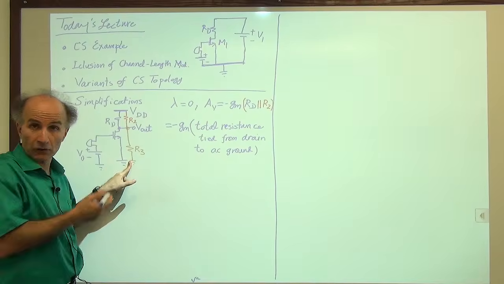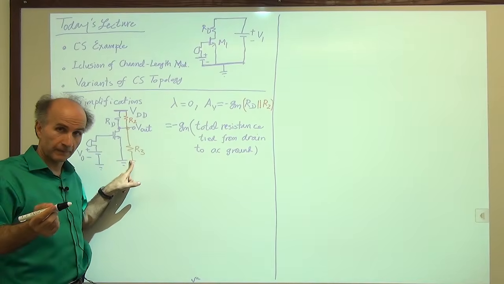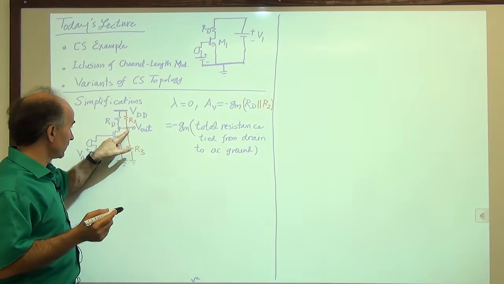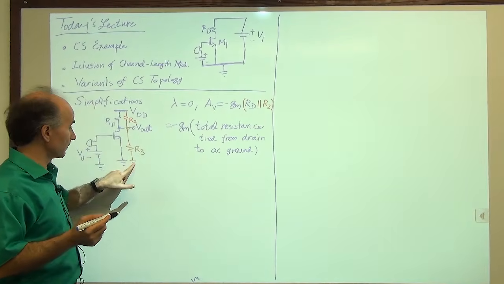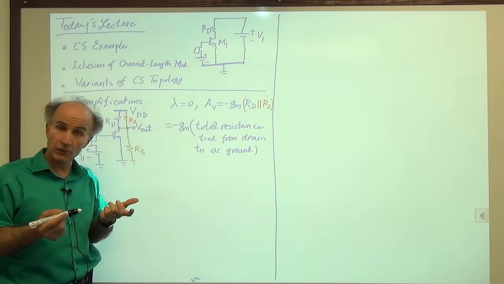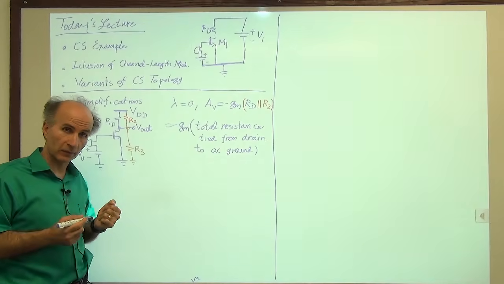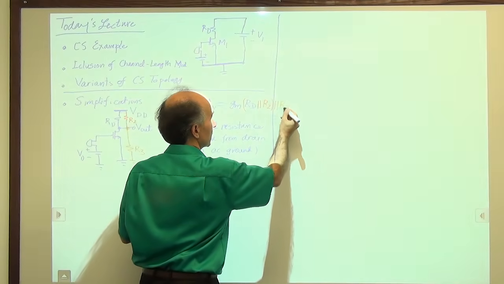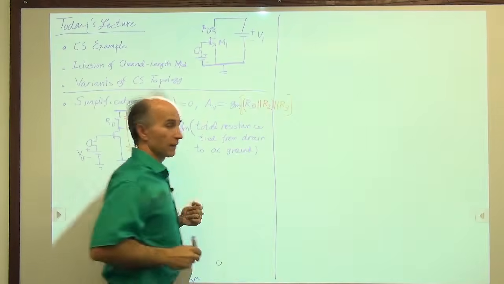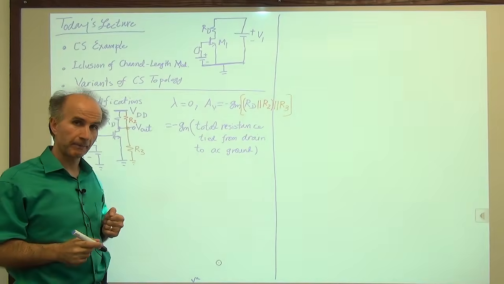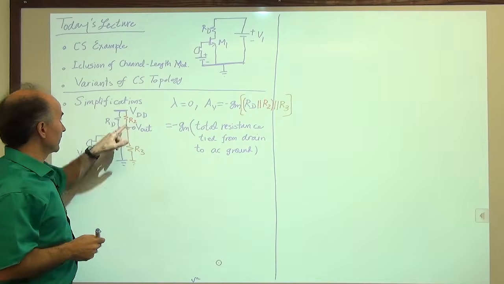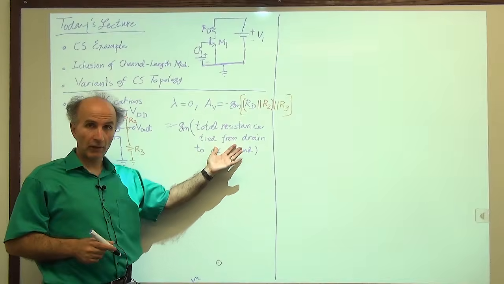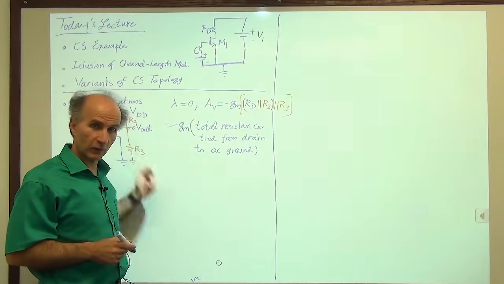R3 to ground, a real ground. They're all grounds, and they're all in parallel. You can see that they all share the terminals here, and they all share the terminals here, because this point and this point will be one node in the small signal model. So in that case, this would also be in parallel with R3, and then we have this whole thing inside square brackets. All right, so you don't necessarily design a circuit like this, but this is just to show you that once we have this picture in our mind, we can readily write the voltage gain for any circuit like that.